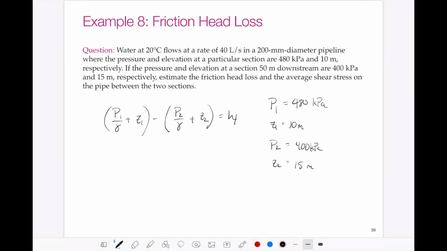So we substitute this in. Gamma for water is 9.79 kilonewtons per meter cubed. So we have 480 over 9.79 plus 10 minus 400 over 9.79 plus 15 is equal to HF.